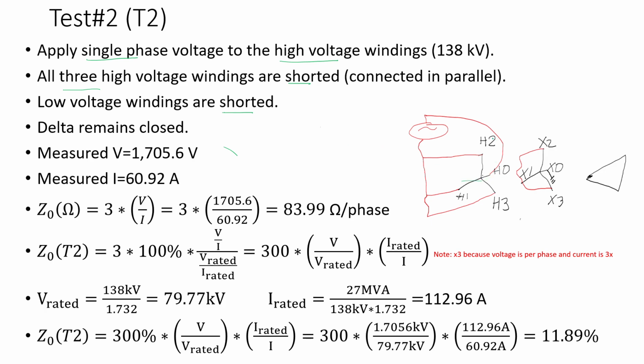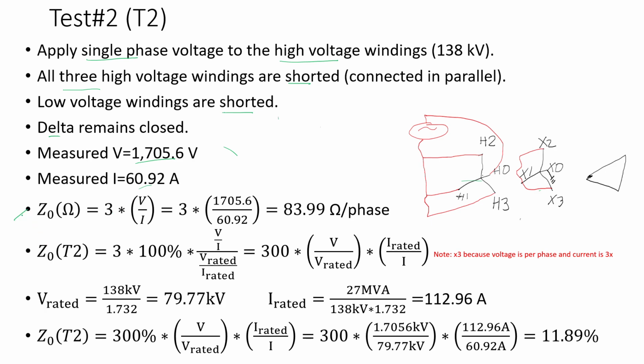You see the high voltage, you short all the high voltage terminals, then you apply single phase voltage. The low voltage in this case is shorted, but the delta, I don't do anything with it. Delta remains closed. So the measured voltage is 1705.6 volts. The measured current is 60.92 amps.